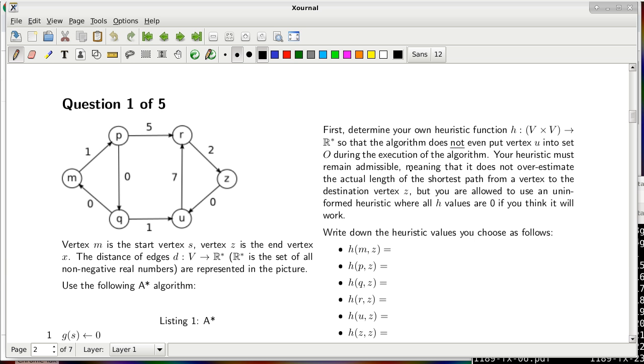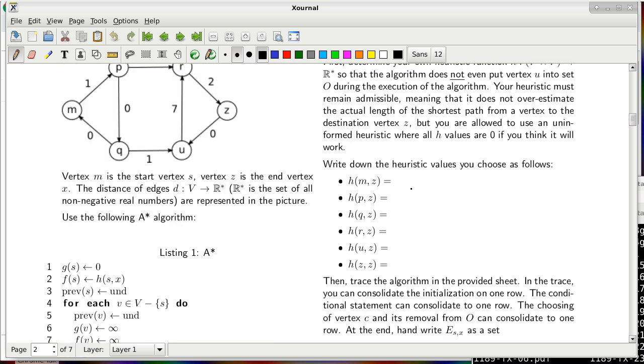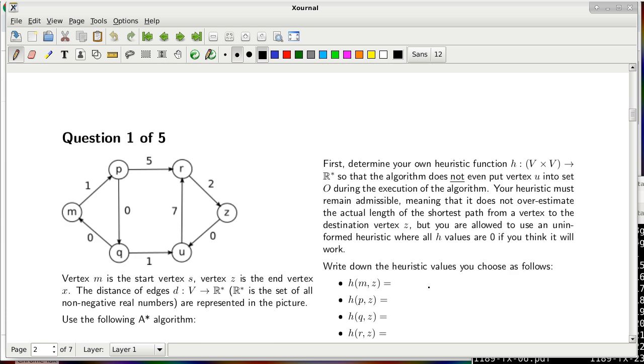The start vertex and the end vertex are already given to you. So let's see, am I missing anything back here? Okay, the destination vertex is Z. Oh, the start vertex is S. Vertex M. Okay, vertex M is the start.